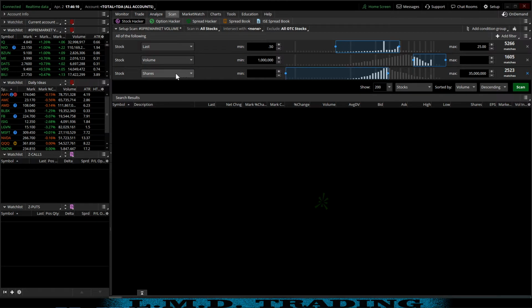Not to be confused with float, but at the same time to know that float has to be under this 35 million. So if we're looking for shares at a maximum of 35 million, by default, float will automatically be below that. We could say 25 million, just so that we know, because most people like to see 25 million float, they consider that a low float. But I'll do 35 just to kind of catch some stuff in there as well. So that's the third one.